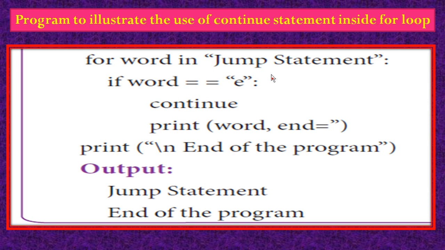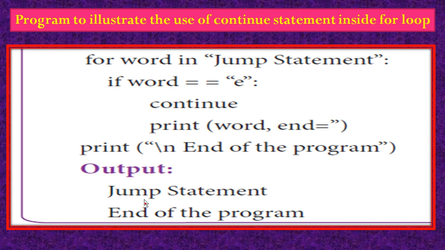But here we are giving the continue keyword inside the for loop: if word equal to 'e', continue. That means when it reaches 'e', the remaining part of the loop doesn't execute, but it continues to the next iteration.